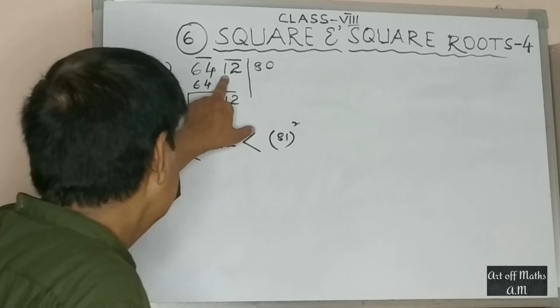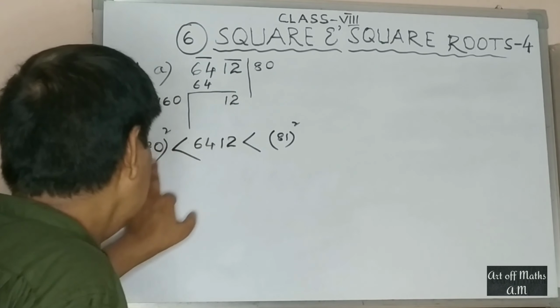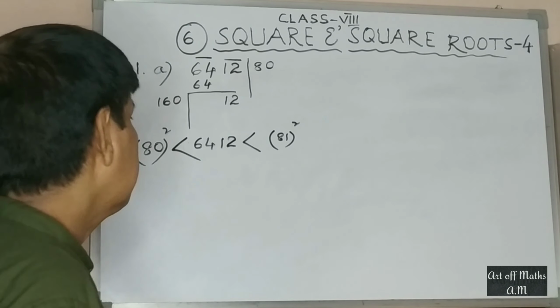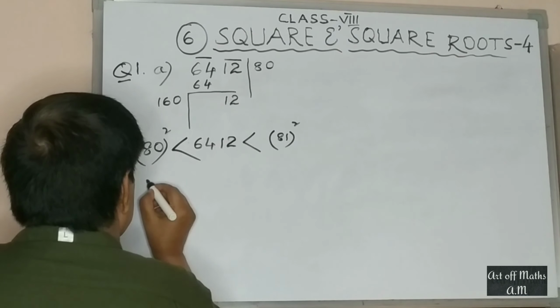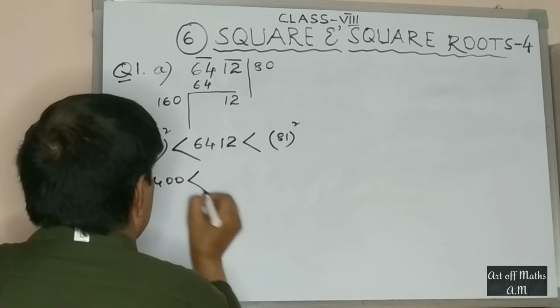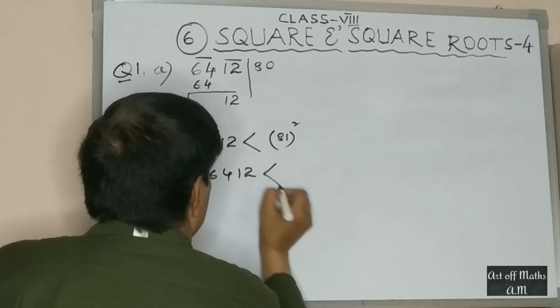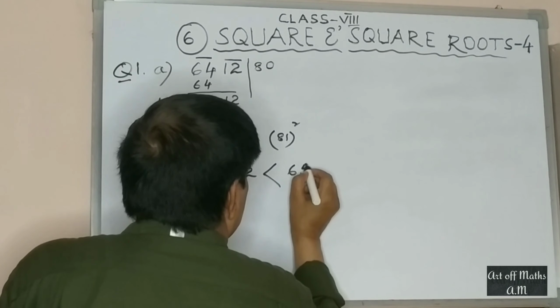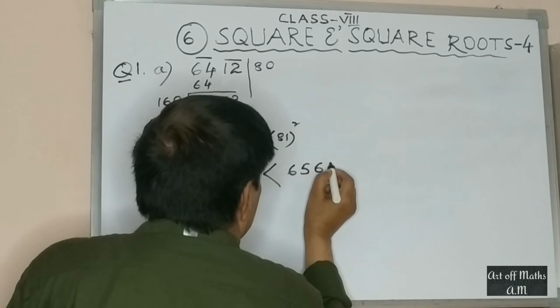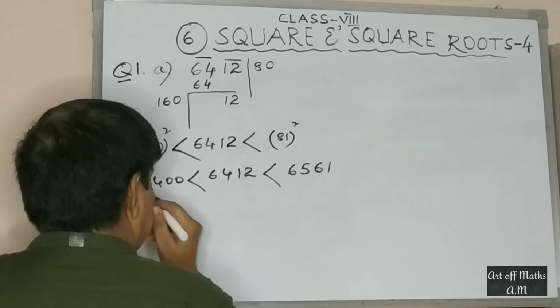Now it is less than 81 square and it is greater than 80 square. 6400, 6412, 6561, I think.